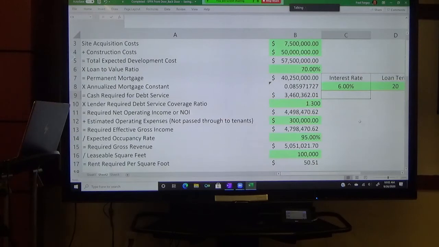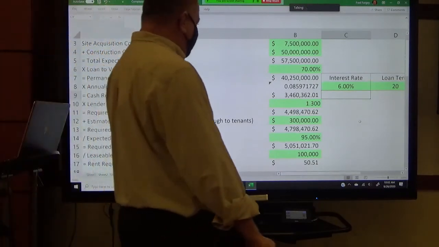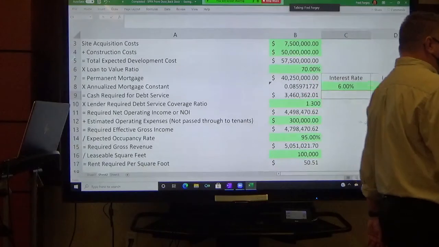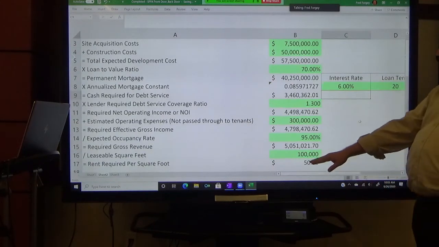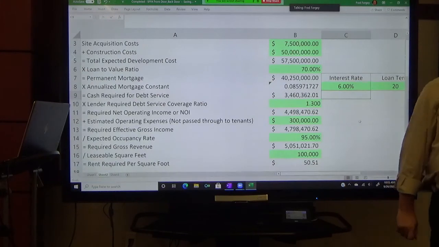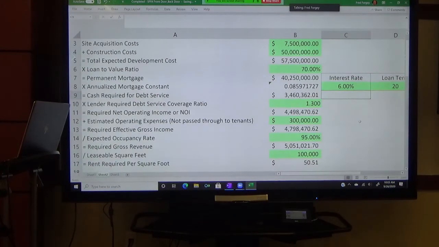But the point with this is the kind of thing that you as an investor, you as a developer, are going to want to be able to very quickly go through, do these calculations and see what that really translates into in terms of the rent that I would need in order for this project to be successful or not successful.